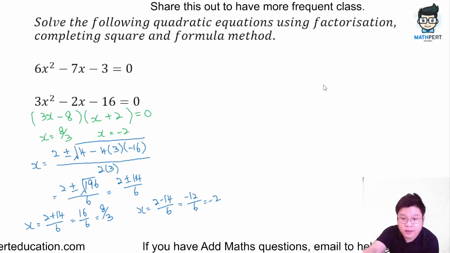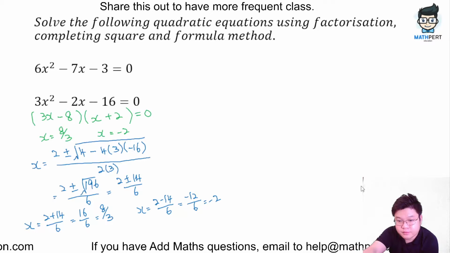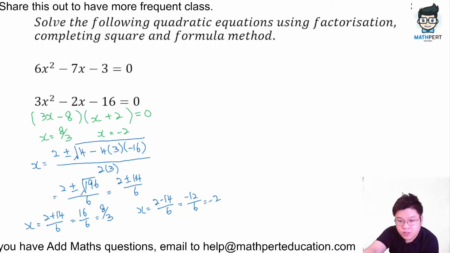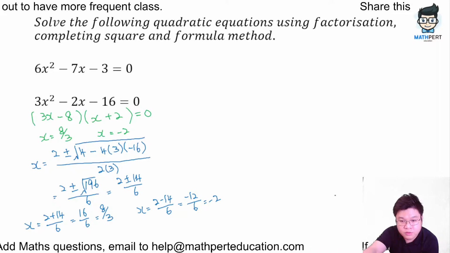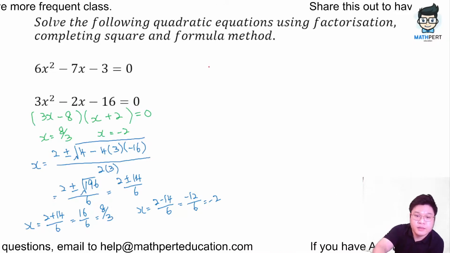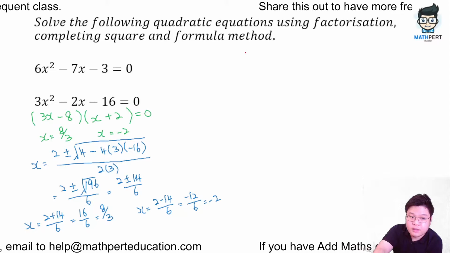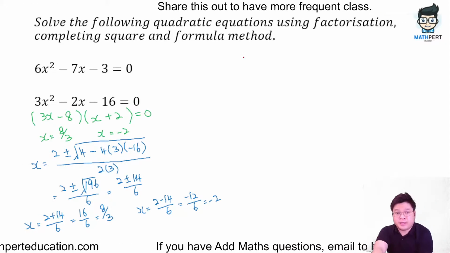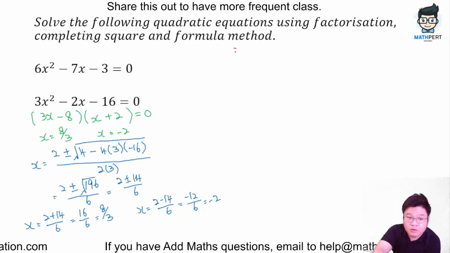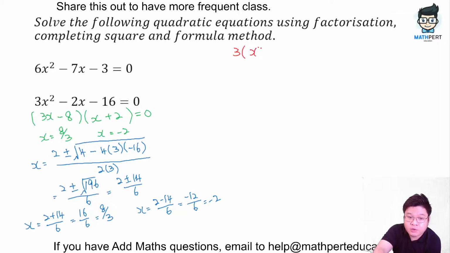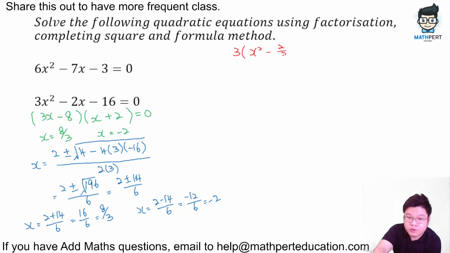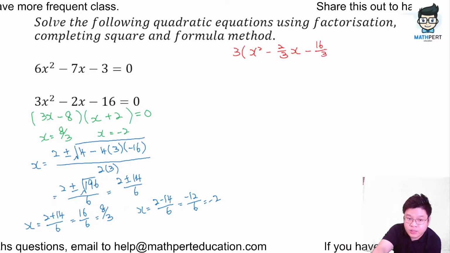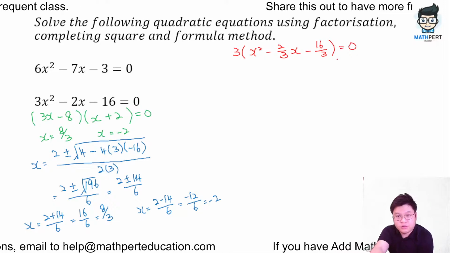So completing the square. Again, we need to make sure the coefficient of x squared is 1. So we factor the 3 out. 3 times x squared minus 2 out of 3 x minus 16 out of 3 equals 0.